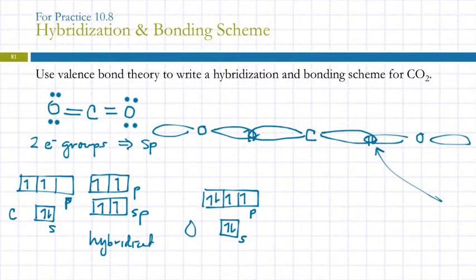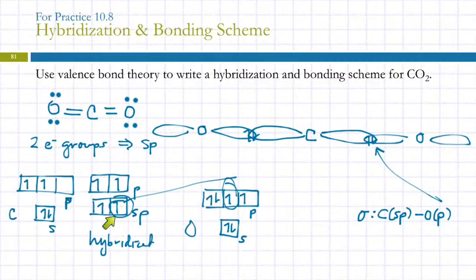So those bonds are sigma, overlap of an sp hybrid orbital on carbon and a p orbital on oxygen. So that's one of these guys overlapping with one of those guys. The other oxygen will overlap with this one.